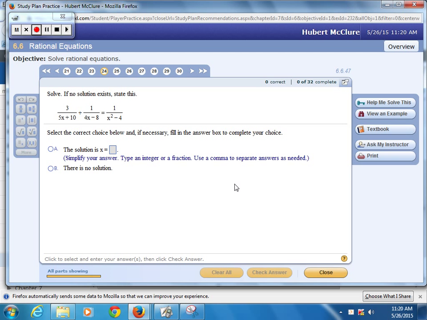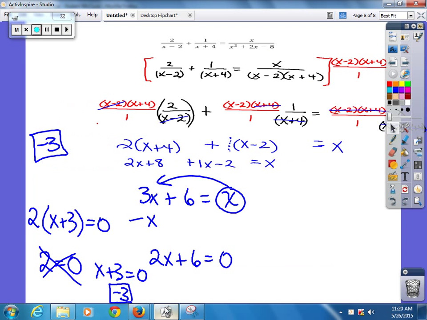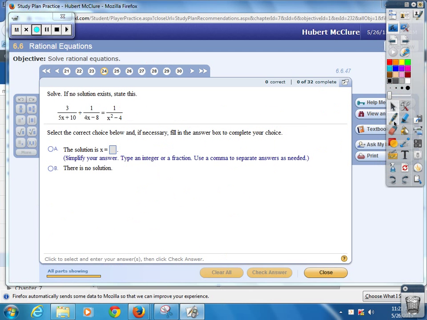Now, what's the common denominator? Well, we got to do some factoring. So, first thing I'm going to do is rewrite it.